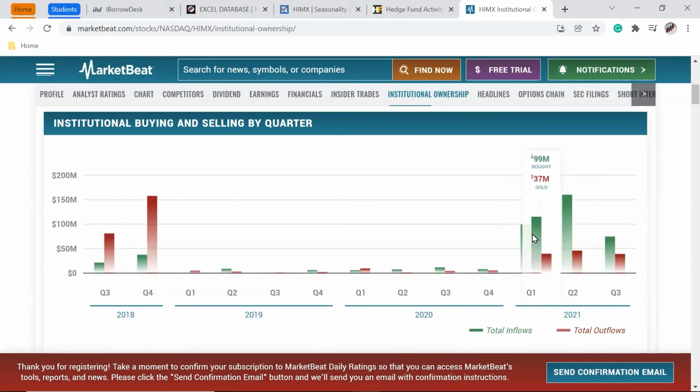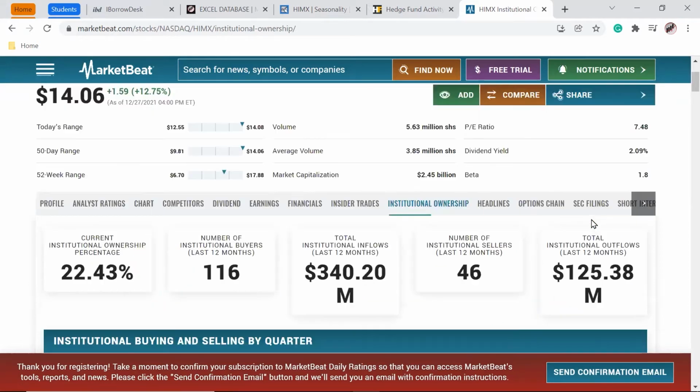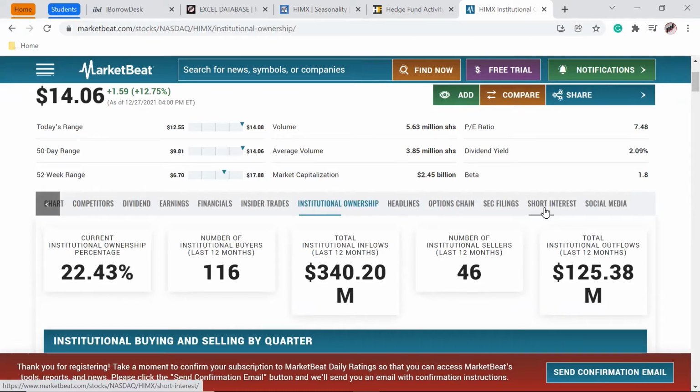We see more money come, 160 million and 74 million. And institutional buying, 160. Institutional owner, 22%. Yeah, not bad.